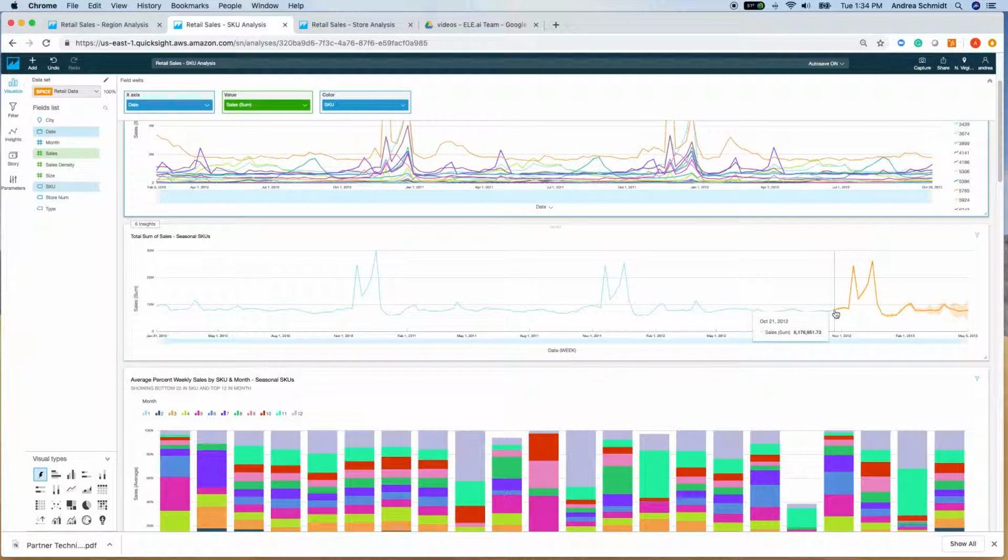And then this is the built-in forecast. Since this is pretty predictive, consistently we see a spike here, we see a spike here, then we get our February spike and our April spike. So this is our Valentine's Day and Easter spike.